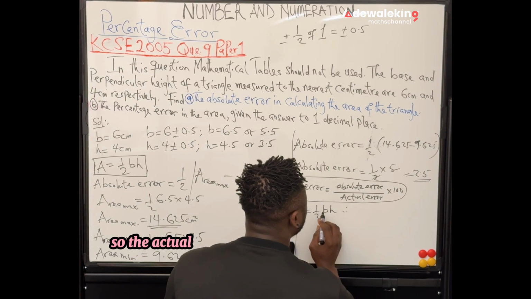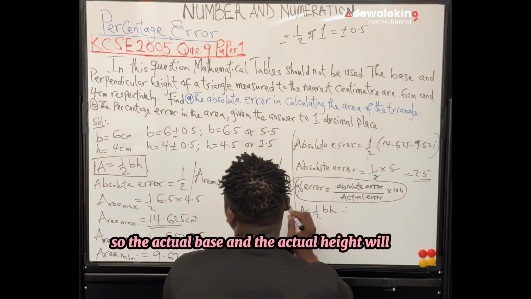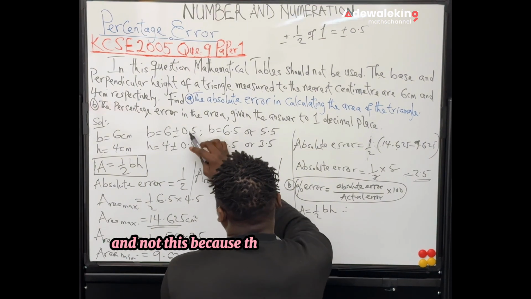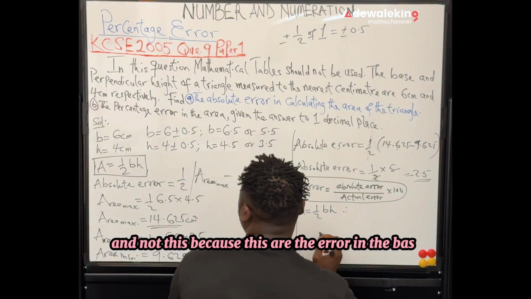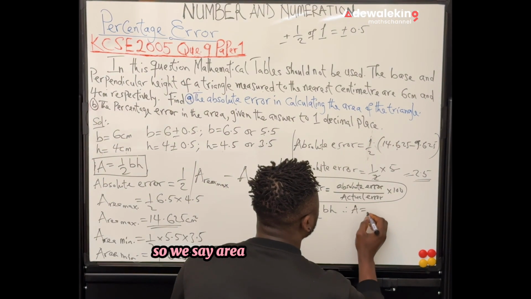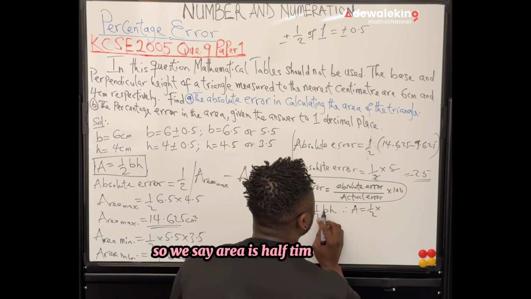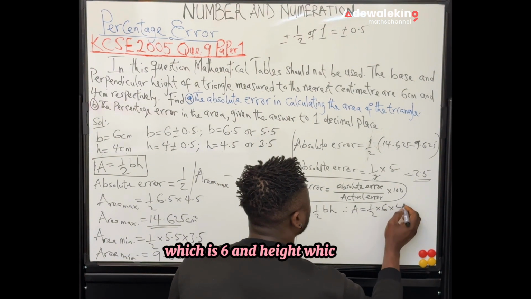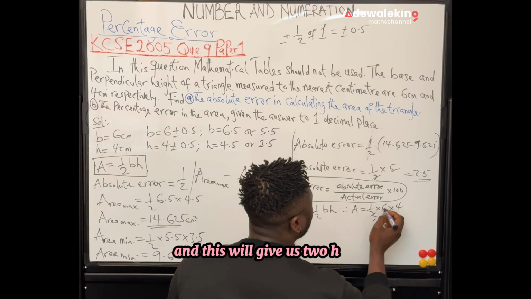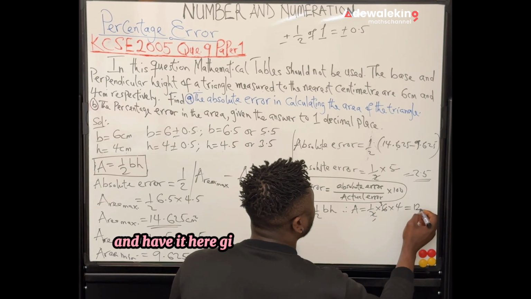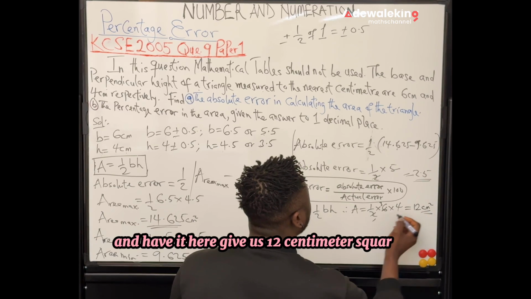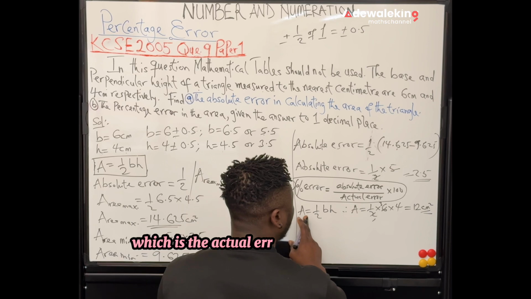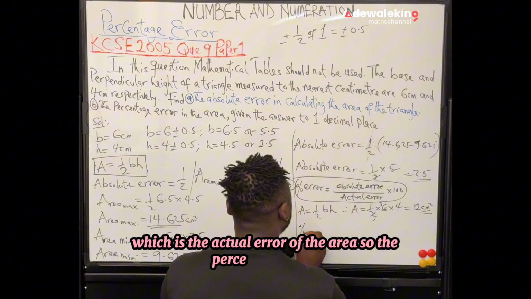So the area is half times 6 times 4, and this will give us 12 centimeters squared as the actual area.